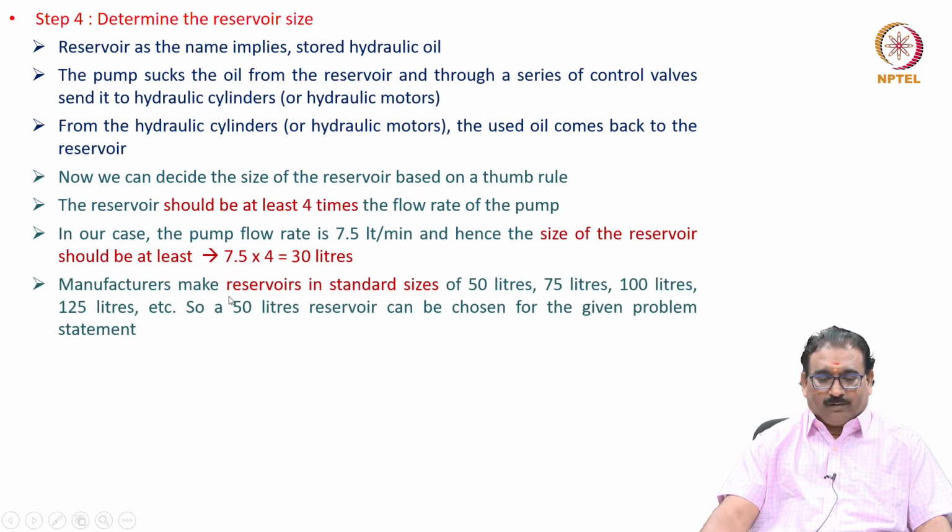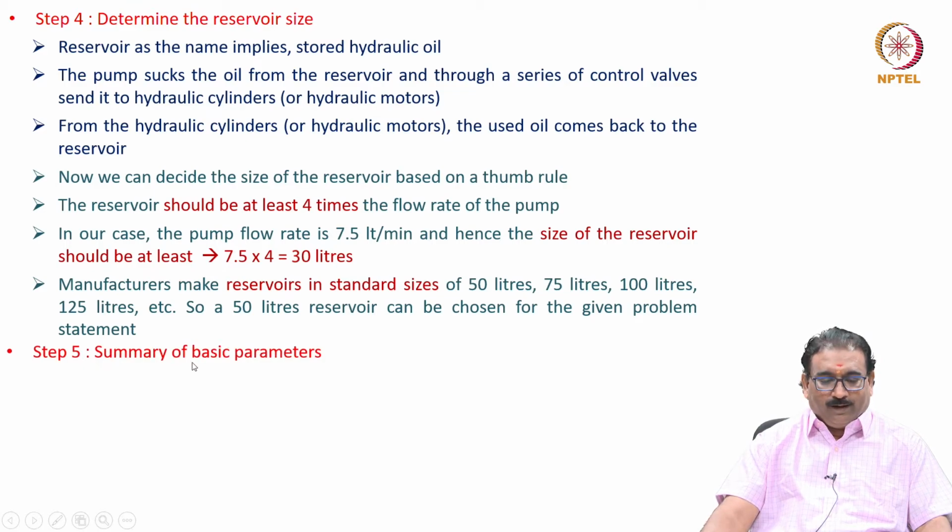Manufacturers make reservoirs in standard sizes of 50 liters, 75 liters, 100 liters, 125 liters, 150 liters, 200 liters, but this 50 liters lies in the standard available in the market. Then we will select the 50 liter reservoir.